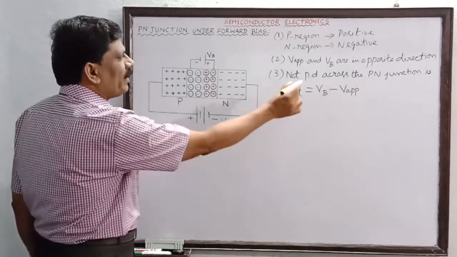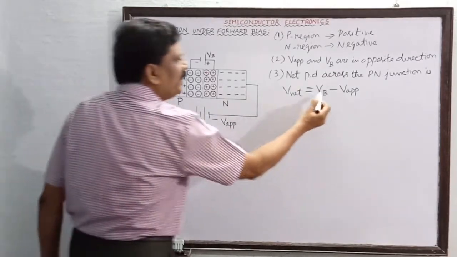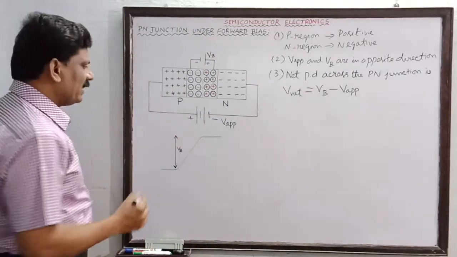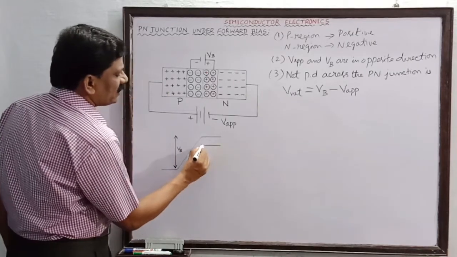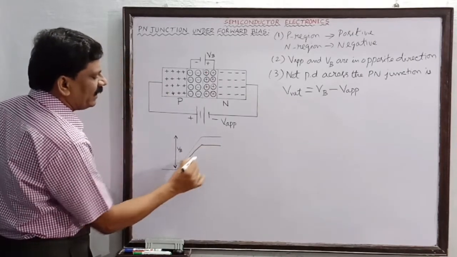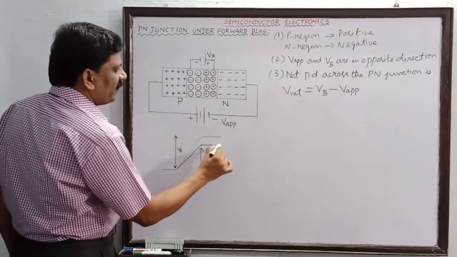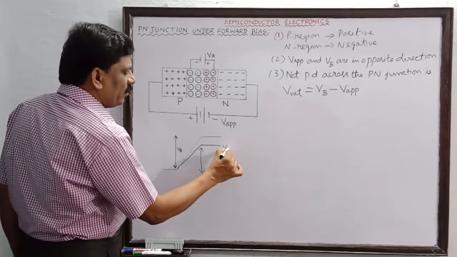Suppose I apply a voltage V applied, then what will happen? VB minus V applied will be less than VB, is it not? So what will happen this time? The barrier height, you see the height of this barrier, okay students? This will be for applied voltage V1.